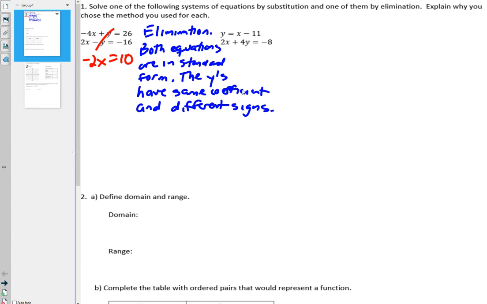What elimination accomplishes for us is that we go from two variables down to one. So now we can solve for x.